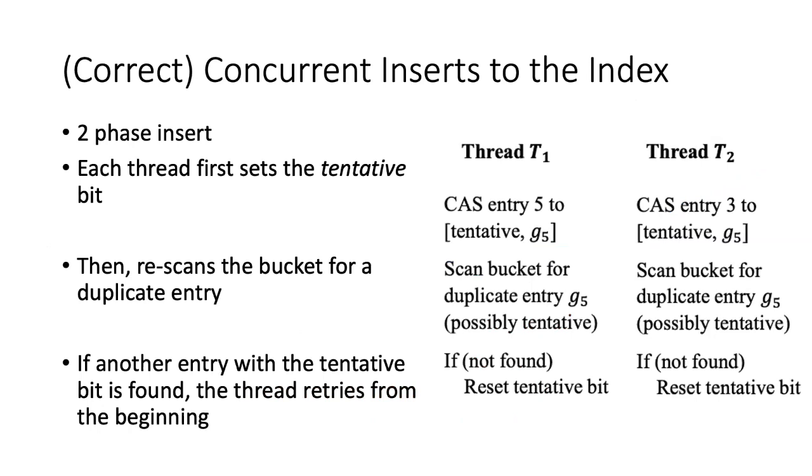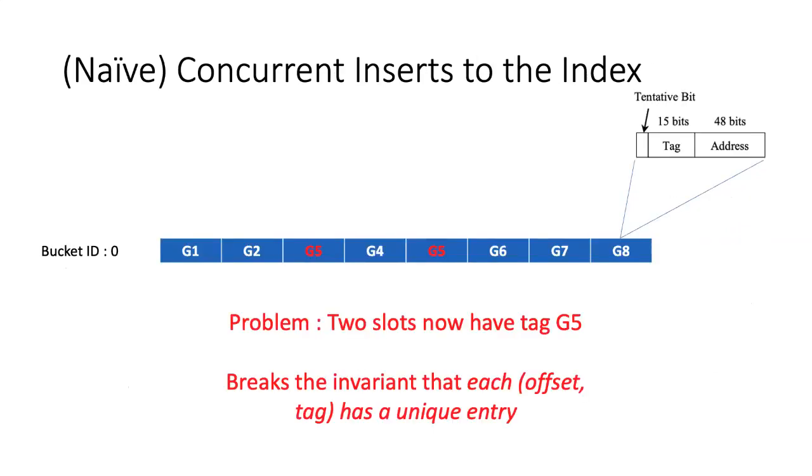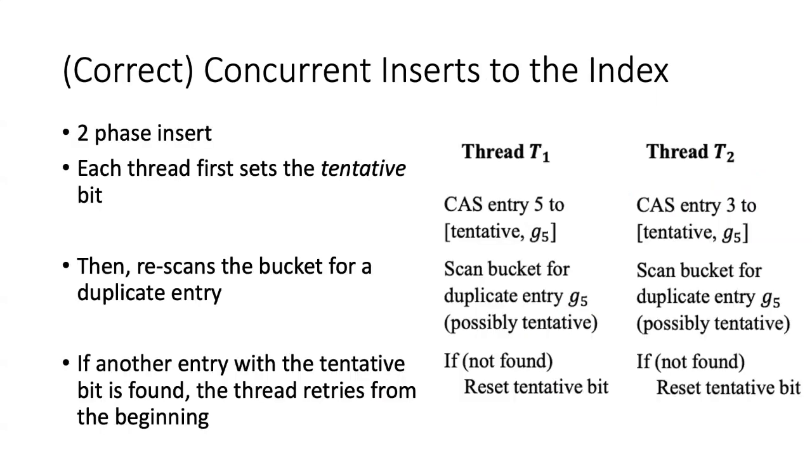So how they do it is they have their own version of a 2-phase insert. When we have 2 threads inserting, like in the previous diagram, first each thread will set the tentative bit in the record. So it's just the first bit. And then next, each thread will rescan the bucket for a duplicate entry.